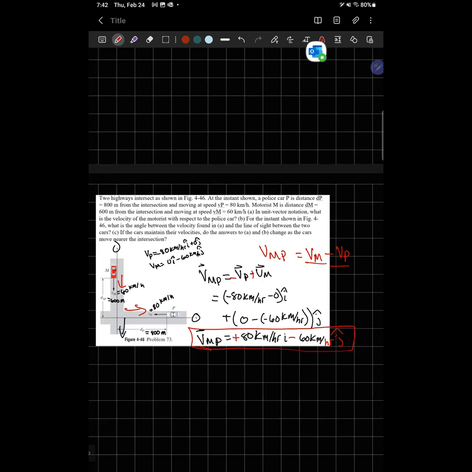For the instant shown, what is the angle between the velocity found in the part A and the line of sight between the two cars?